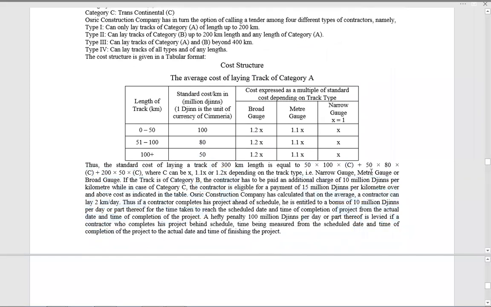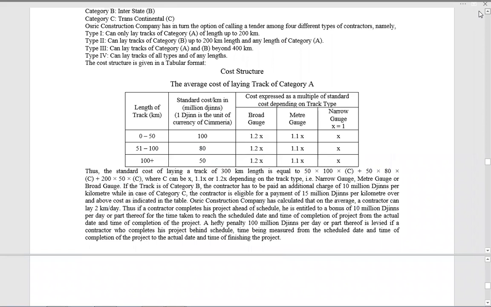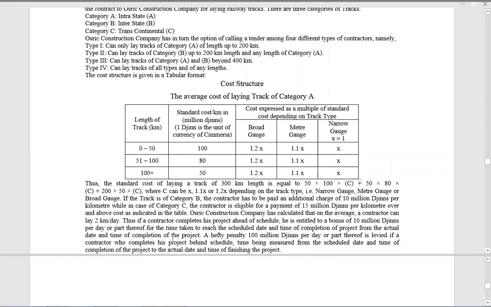Also, there is a late penalty of 100 million per day.